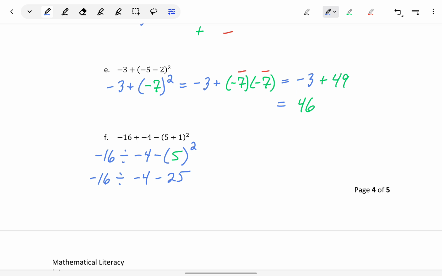So we took care of the parentheses, then the exponent. Now we look for any multiplication and division steps. We have -16 divided by -4, meaning we have a negative divided by a negative. So this will end up being positive 16 divided by 4, or positive 4, minus 25, and then we take care of that subtraction step to get -21.